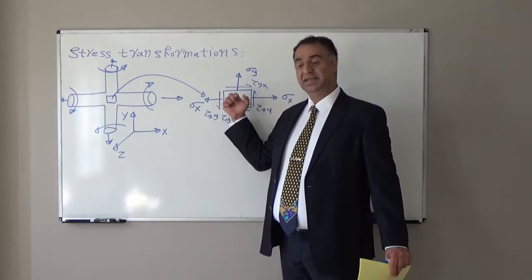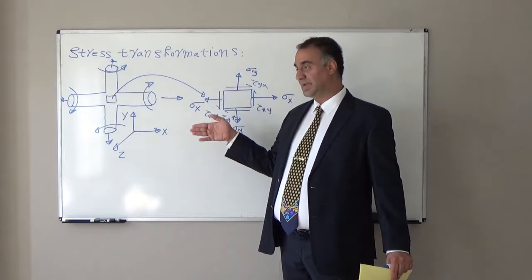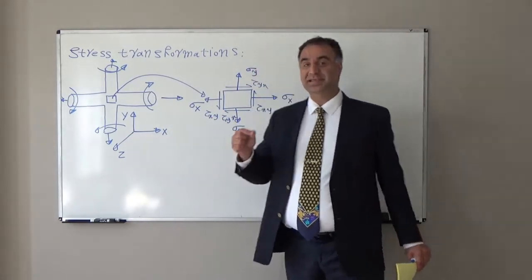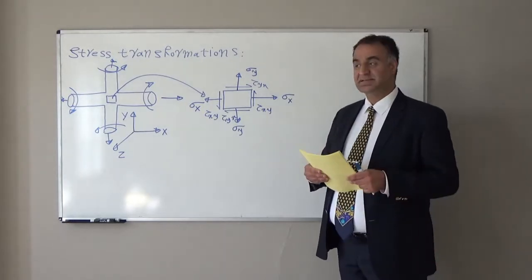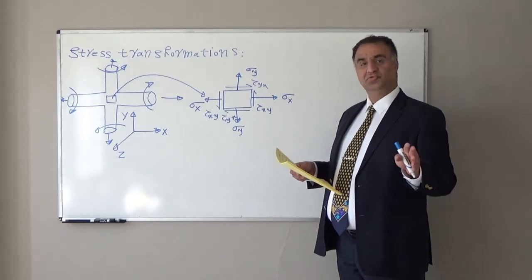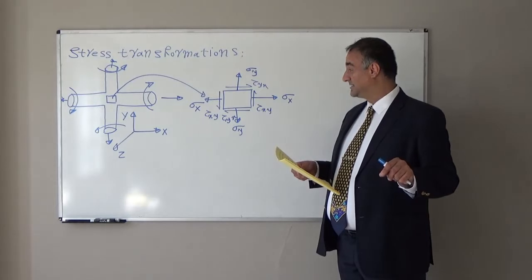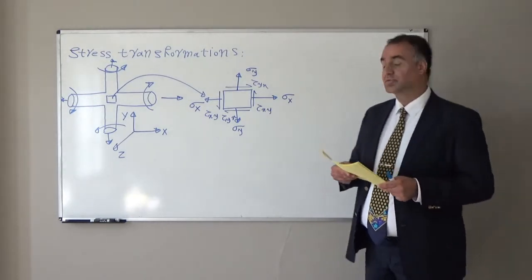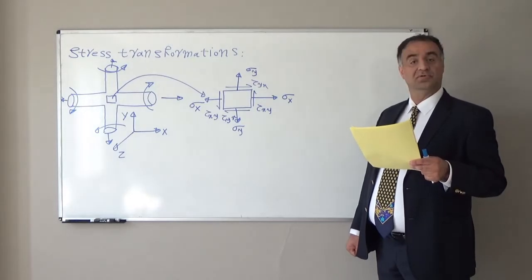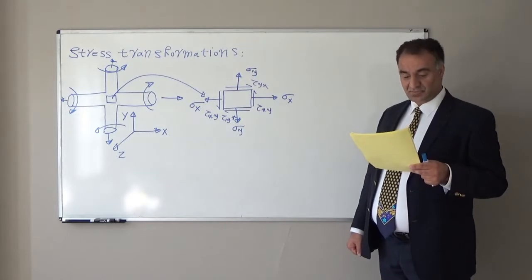Here we don't have any stress in the z direction, and our element is in a 2D plane. The normal stress in the z direction is equal to 0. For that reason, we call it a plane stress element or 2D element. So in the plane stress element, the stress component perpendicular to this face is equal to 0.